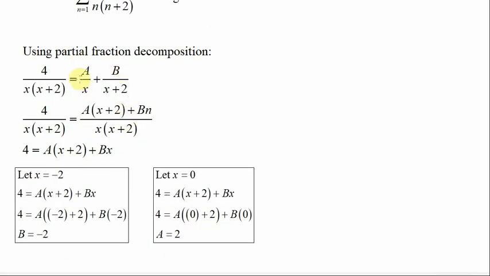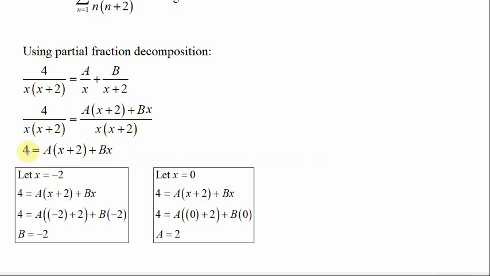To combine these two expressions, we can cross multiply. So it'd be constant a times x plus 2, plus constant b times x, and dividing by the product of x and x plus 2.